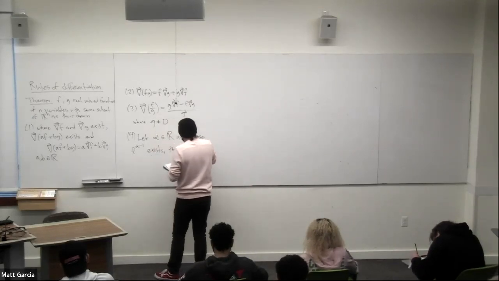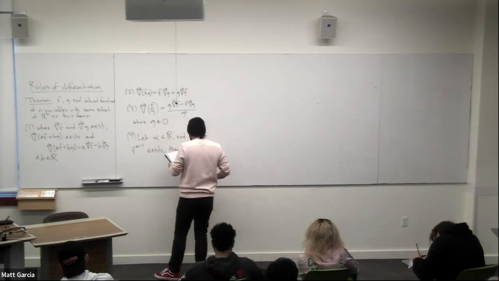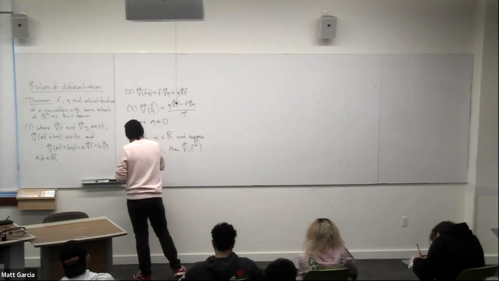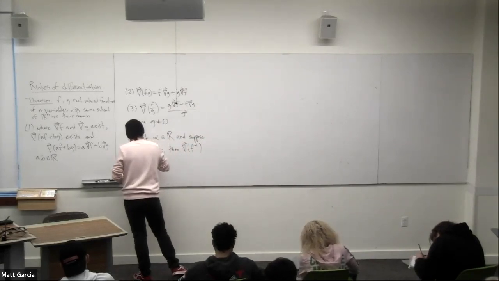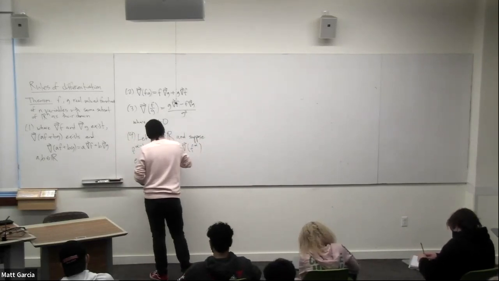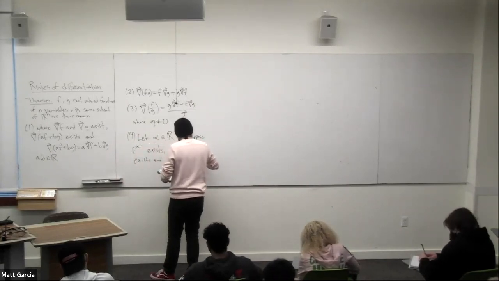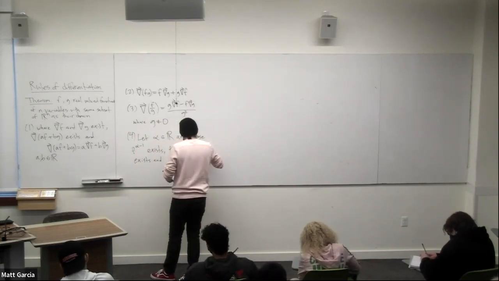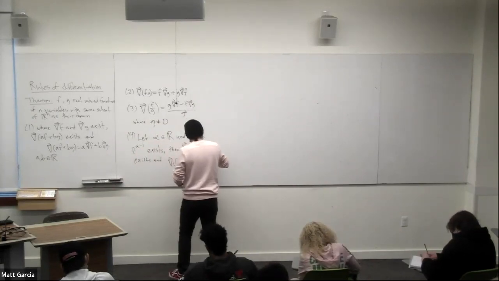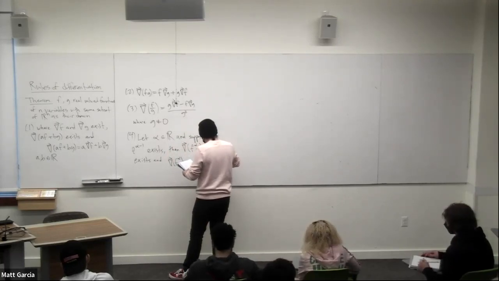Then the gradient of the function f raised to the alpha power must exist. And the gradient of f raised to the alpha is equal to alpha times f raised to the alpha minus 1 times the gradient of f.